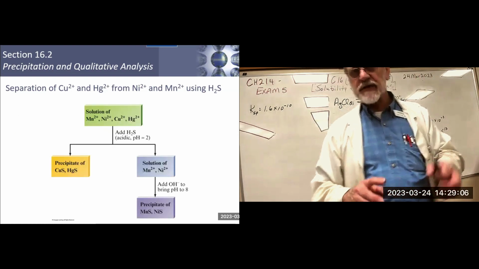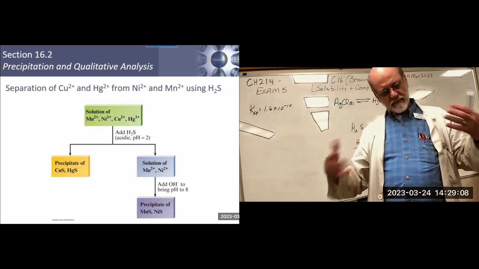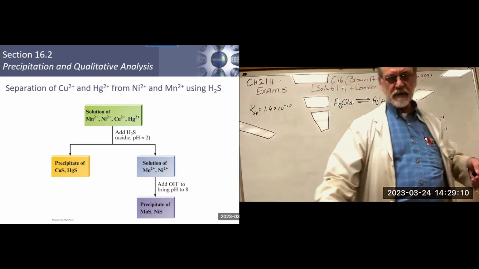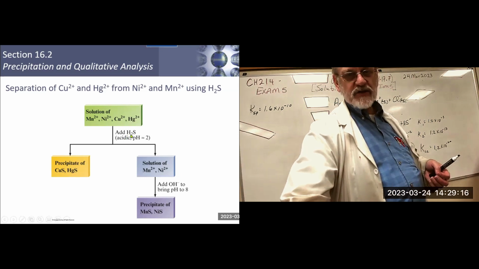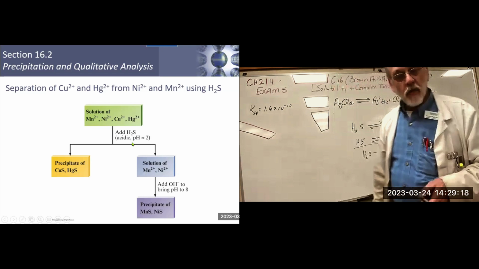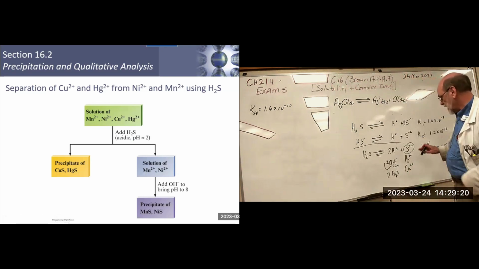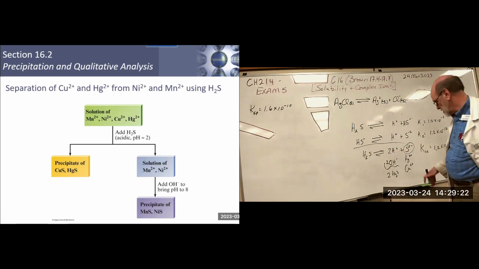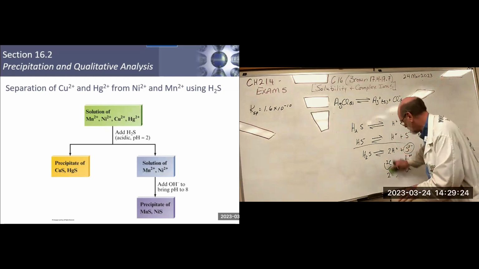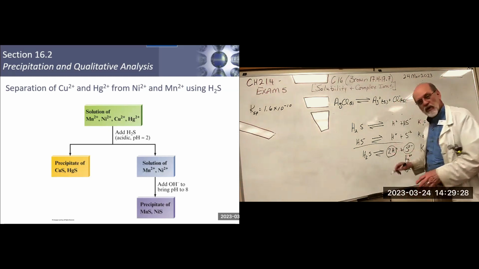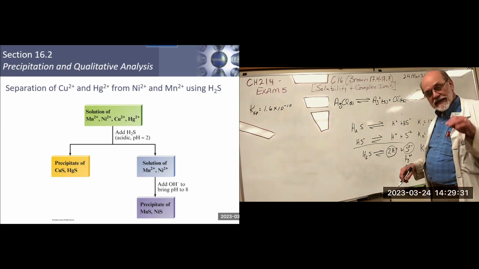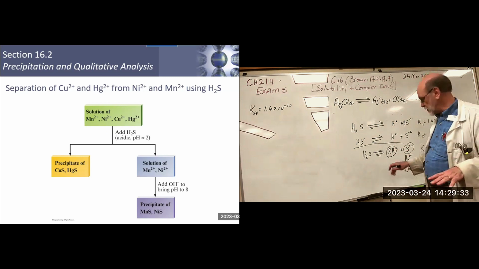Yeah. So this is a flow chart describing H2S. Now, what we often do, though, is we add hydrogen. For the first step, we add acid and decrease the pH to around 2.